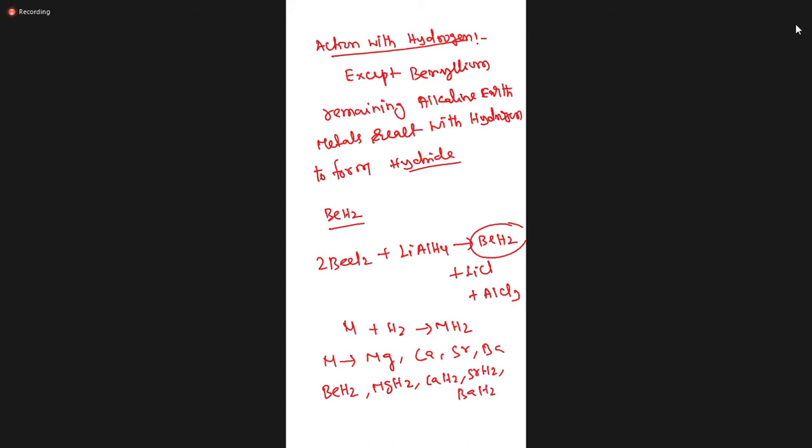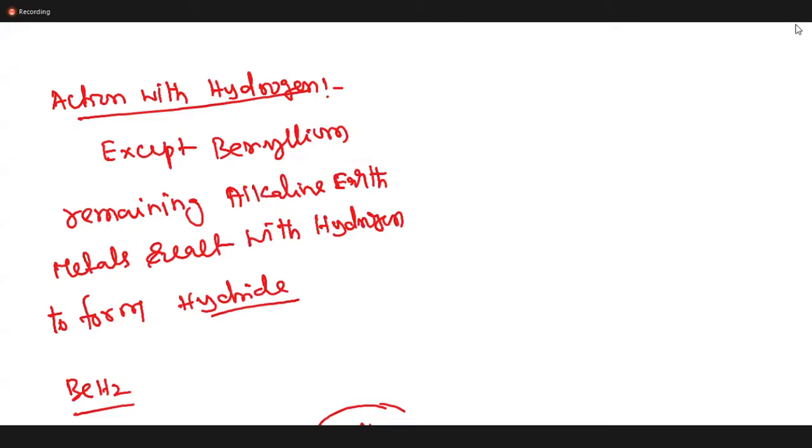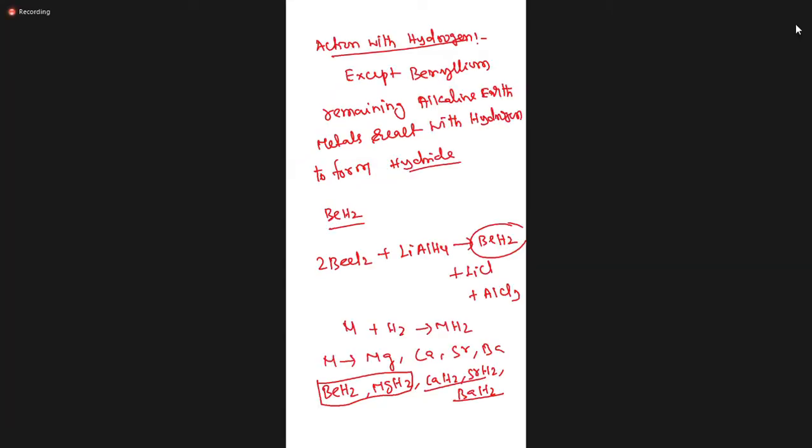Please note this point: BeH2 and MgH2 are covalent hydrides, while the rest are all ionic hydrides. These two are covalent hydrides.